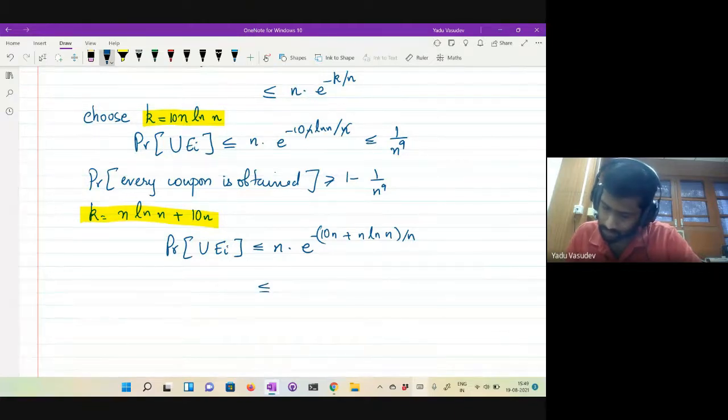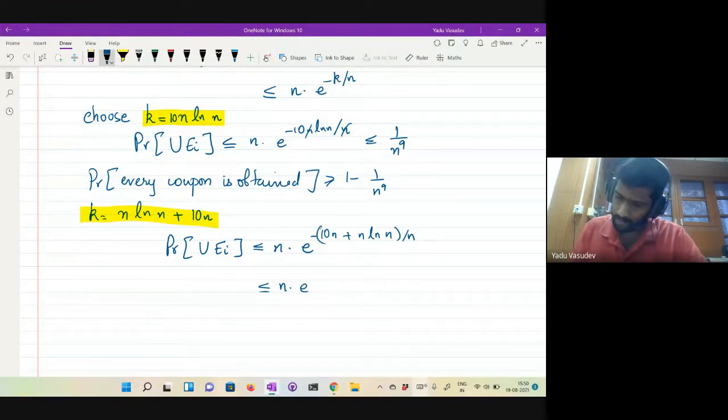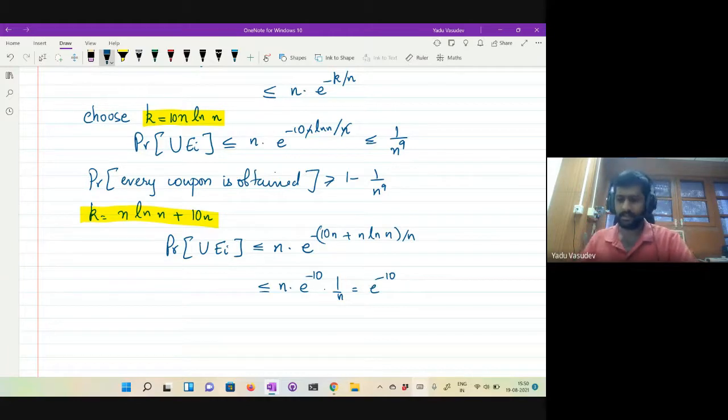Right, so this is n times e to the minus 10 times 1 over n, which is nothing but e to the minus 10. Okay. So compare this bound with this bound.